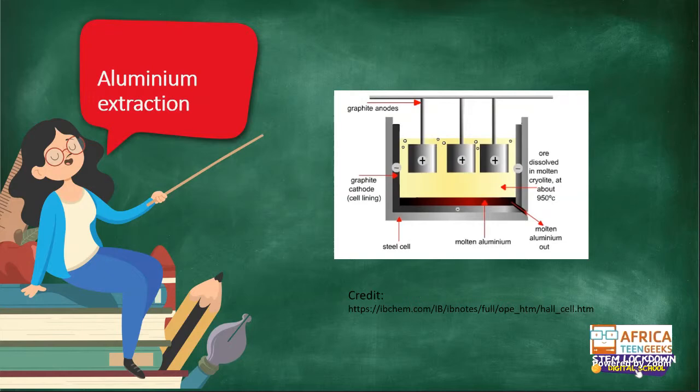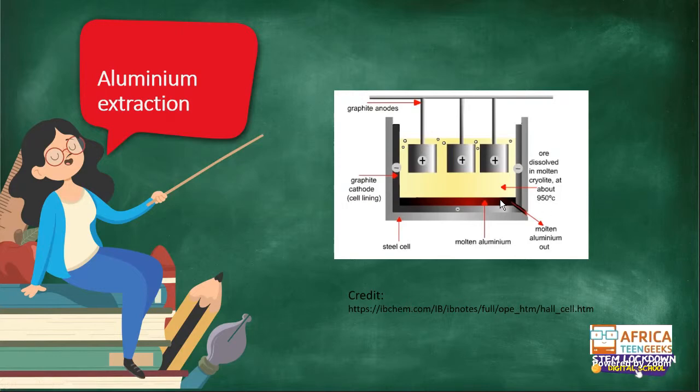So the aluminium and the oxygen will be separated. The aluminium is positively charged because it's a metal. So it will go towards the cathode, which in this case is here. So it will sink to the bottom, okay? And then your oxygen will move up towards these positively charged anodes, okay?